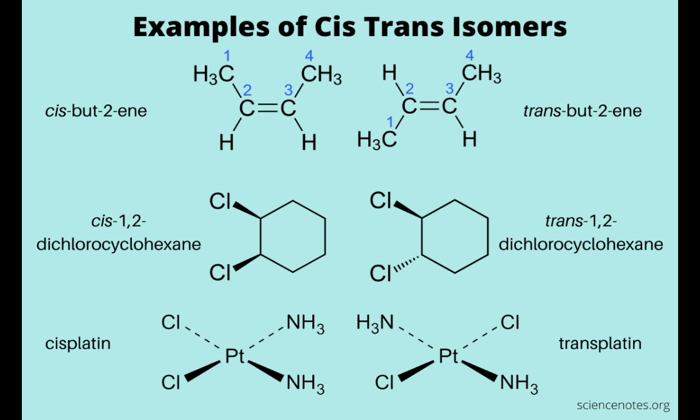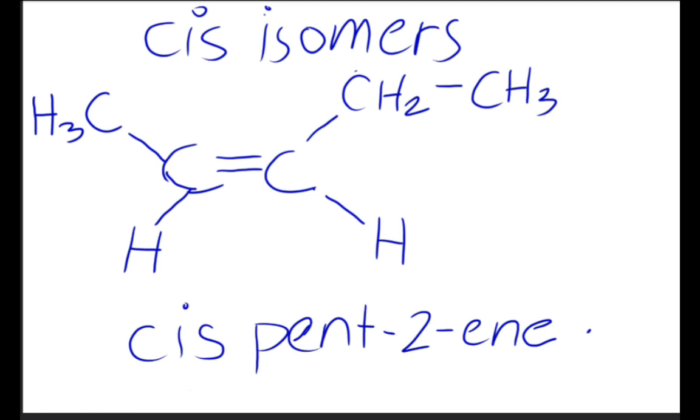Now, let's explore the differences between cis and trans isomers in more detail. 2-pentene, which is a pentene isomer whose double bond is on the second carbon. The functional groups methyl and ethyl are on the same side.